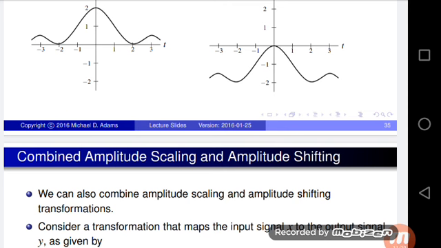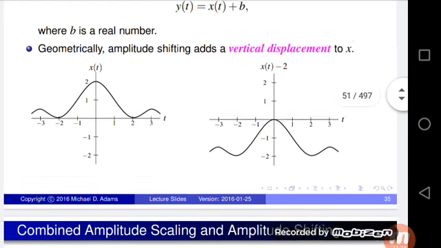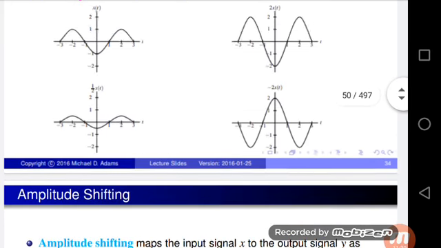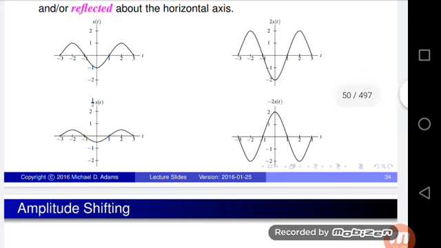All these signals are used in signals and systems, and we can easily understand the behavior of the signals with the help of the value of x of t. The x of t value represents the present state of the signal.